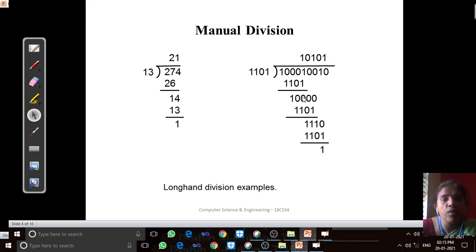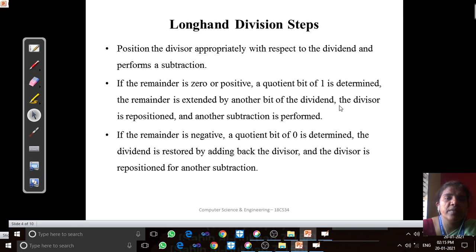After subtraction you got 100. So you got 1000, you have to take another extra 0 bit. Similarly, you perform it and finally you get the result as 1 and 21, which is shown here. This is a longhand division example.